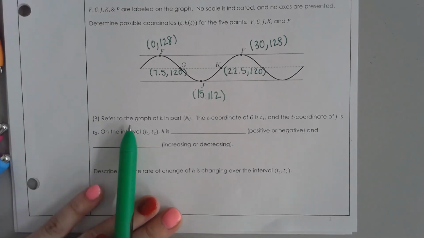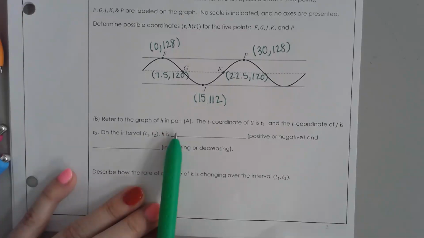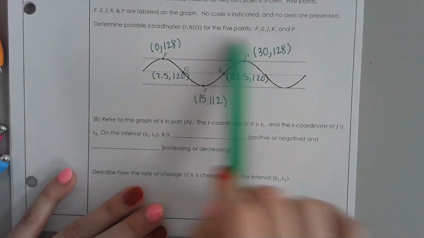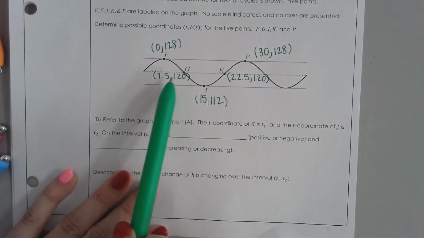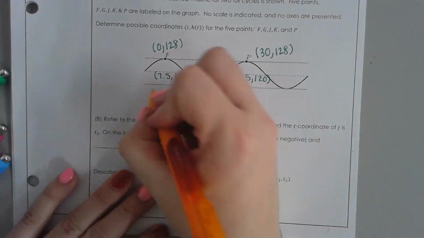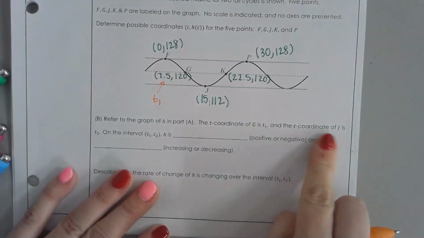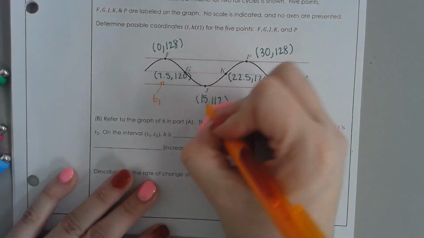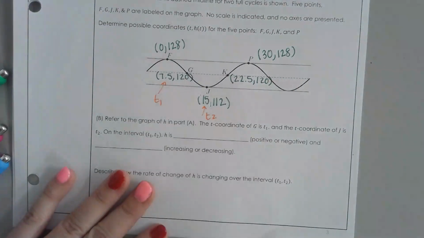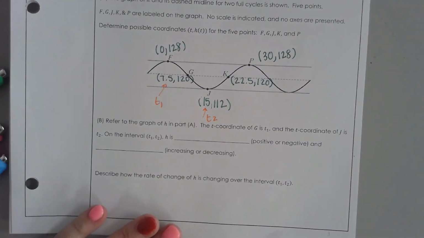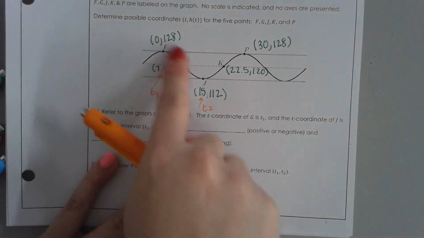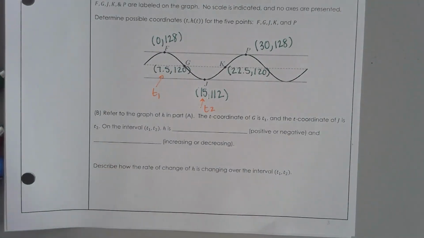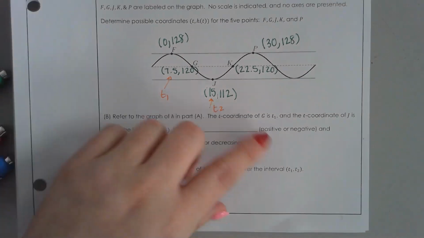Part B says refer to the graph of H in part A. The t-coordinate of G is T1, and the t-coordinate of J is T2. It's asking us 2 things about H: if the graph is positive or negative, and if it's increasing or decreasing.